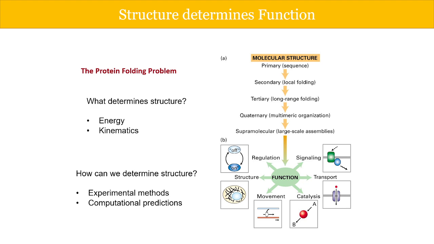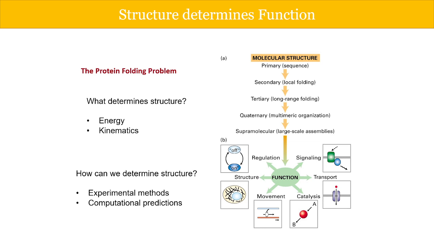Then there are signaling molecules, transport proteins, then movement and enzyme catalysis. So enzymes are also proteins. For enzyme catalysis, the structure certainly needs to be determined, because the structure determines the function of a particular protein. Now, how can we determine the structure?